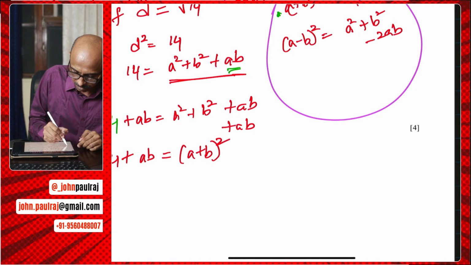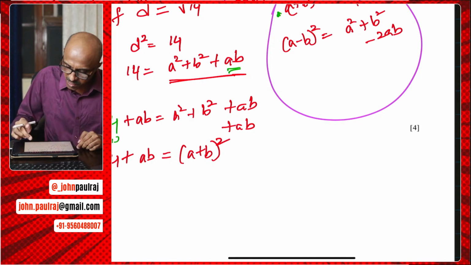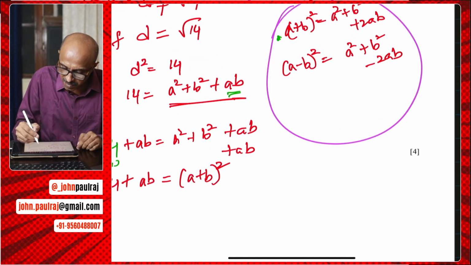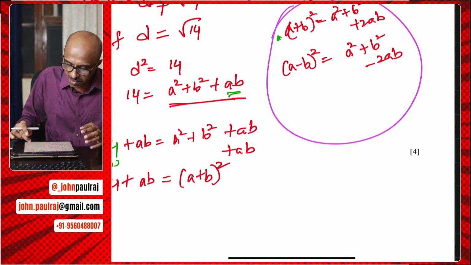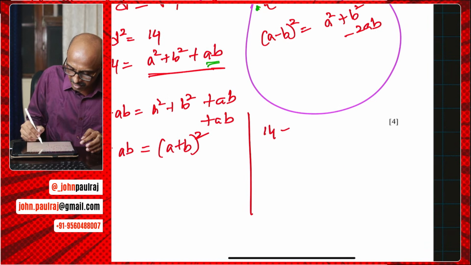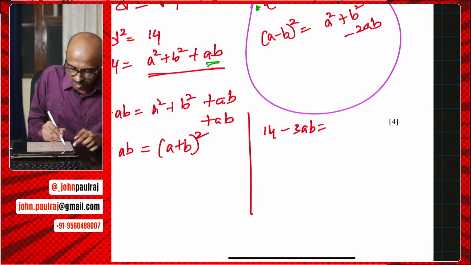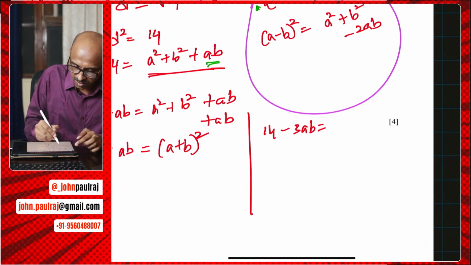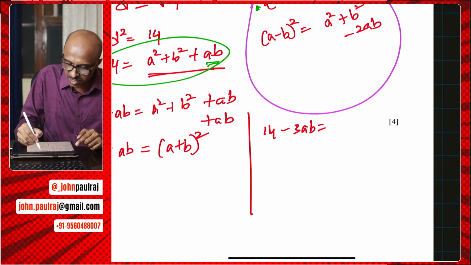Or if we need a negative 2ab, that means we need to subtract 3ab on both sides. Is that right? So we'll get 14 − 3ab, continuing from here. I'm just subtracting 3ab from both sides.